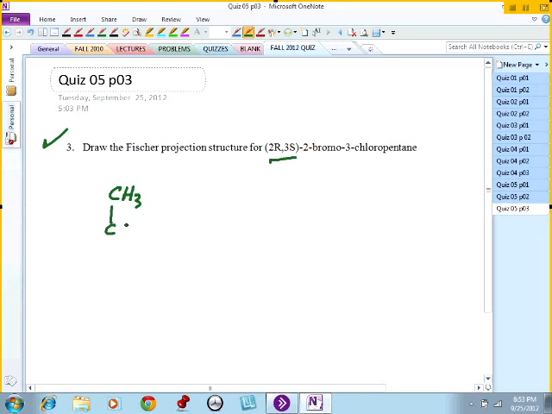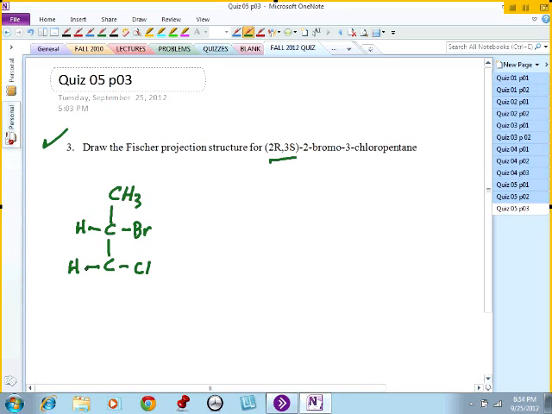Okay, in the 2 position, what do we have? Bromine. Therefore, hydrogen must be here. Then we have 3-chloro, right? Okay, let us say chlorine is here. Then hydrogen must be here.